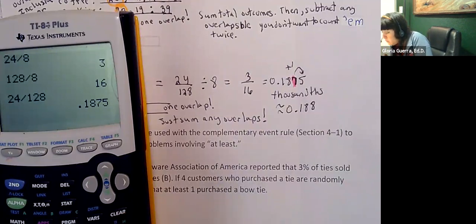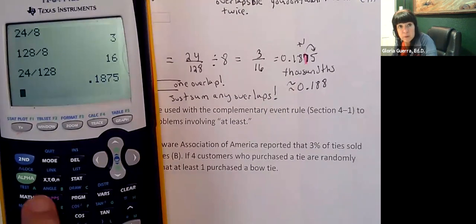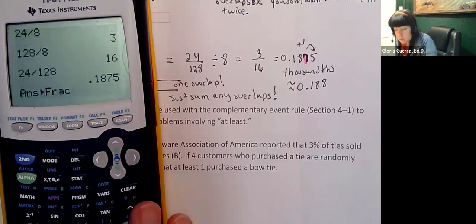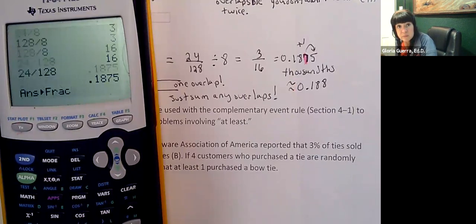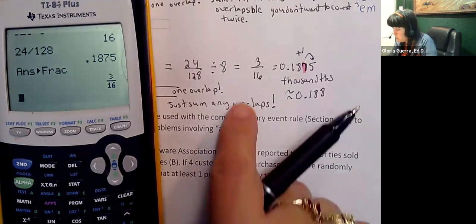And then if I do the math frac on that, so just hit enter, enter, enter, and then enter again. It reduces to 3/16. Okay, which was what we got.